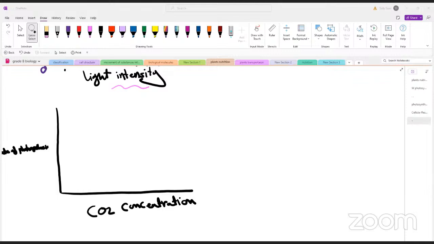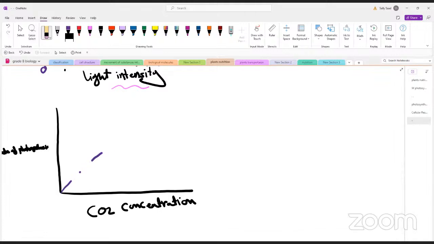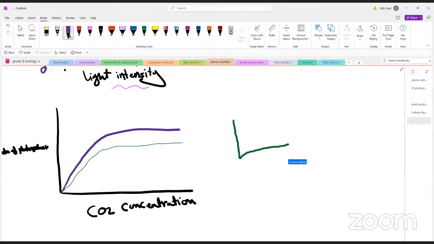So it will be the same shape exactly like the light. Yes. Exactly correct. Thanks.